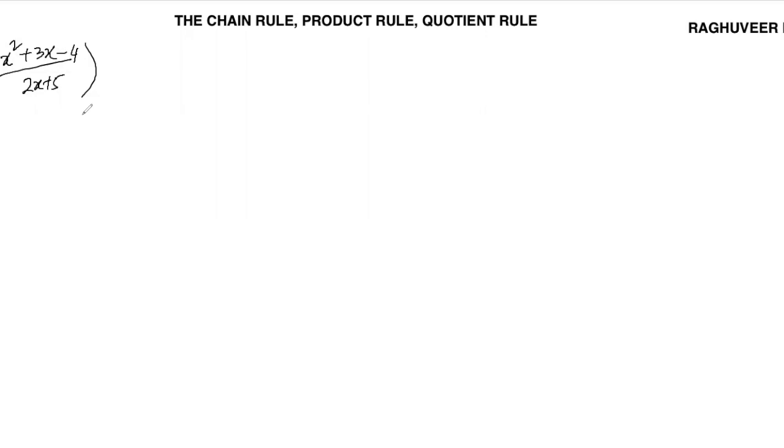Now let us solve this problem by applying the quotient rule. Here f of x will be x square plus 3x minus 4, and g of x will be 2x plus 5.